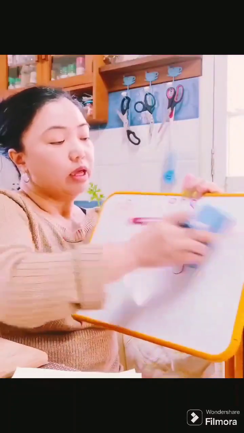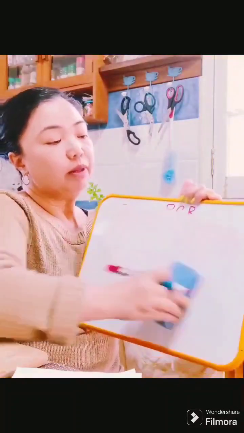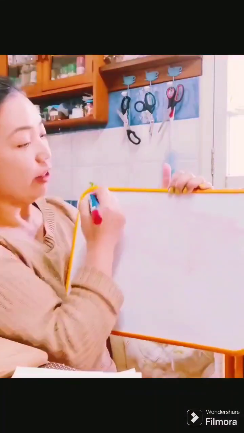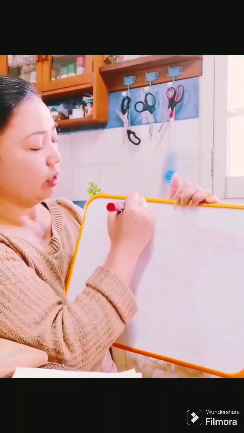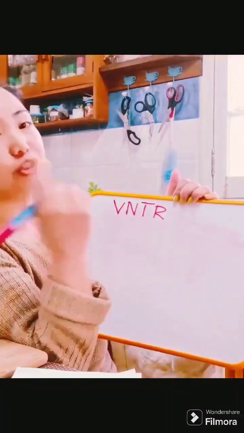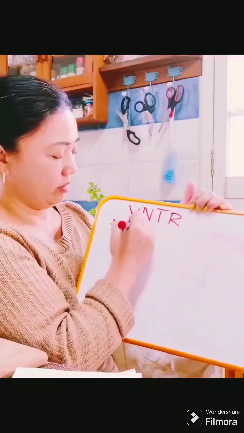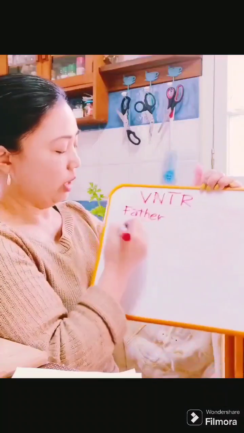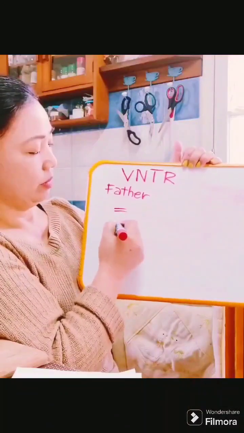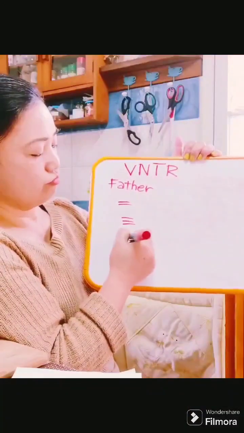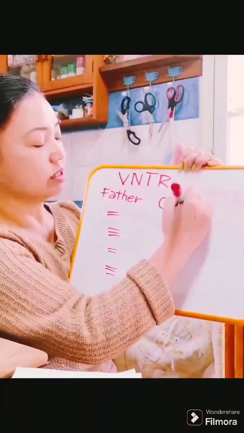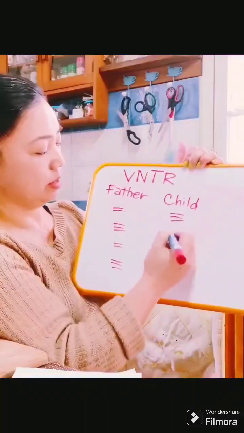Now, if the variable number tandem repeats of the alleged father will be somewhat like this, the imprints will be somewhat like this. Then the child will be somewhat like this.